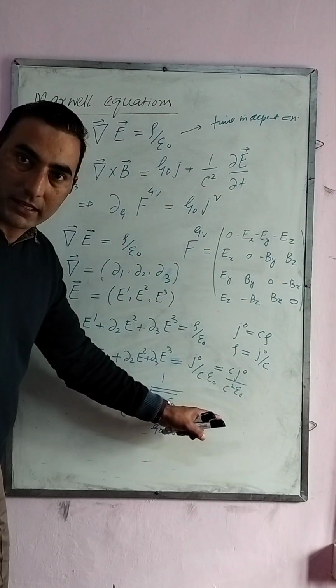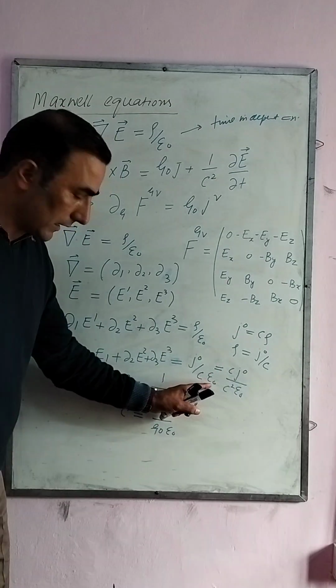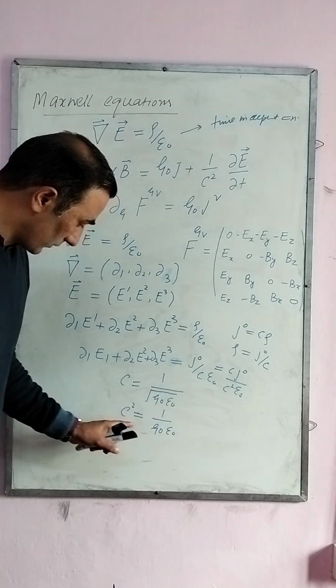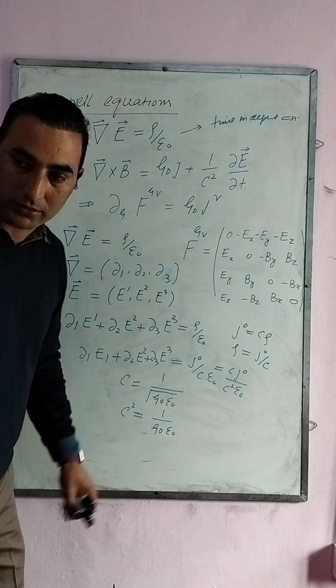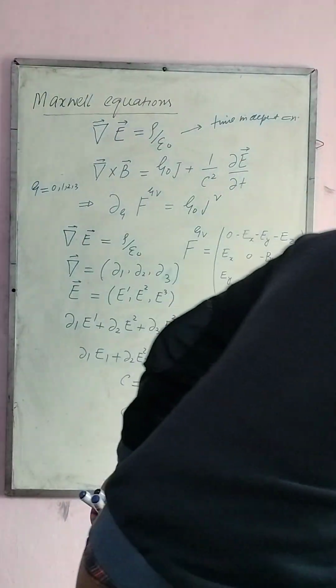I'm multiplying by C and dividing by C, so this is Cj0 and this will be C square here and epsilon naught. Now instead of that 1 by C square, I can write mu naught epsilon naught, right? Okay, so let me write that.